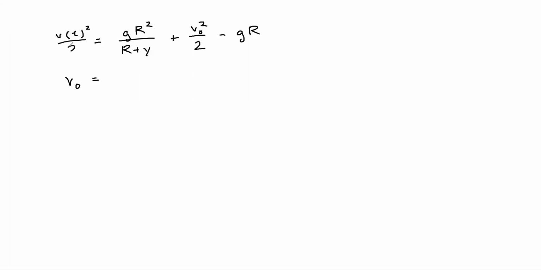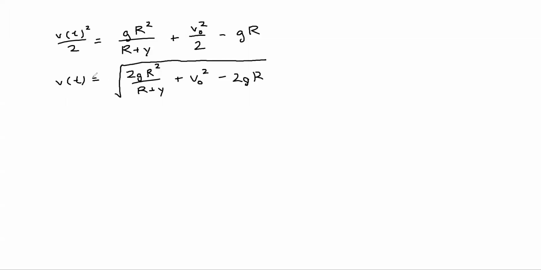This is v of t squared over 2. And then v of t is going to equal the square root of 2gr squared over r plus y plus v naught squared minus 2gr, plus and minus.